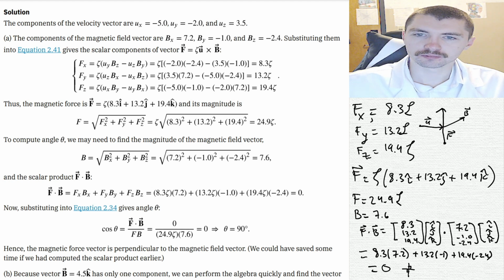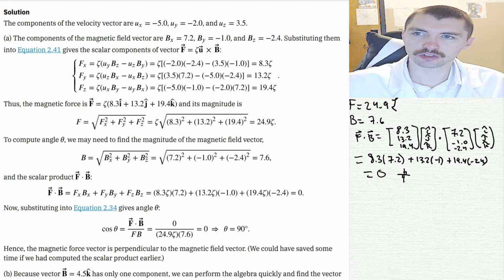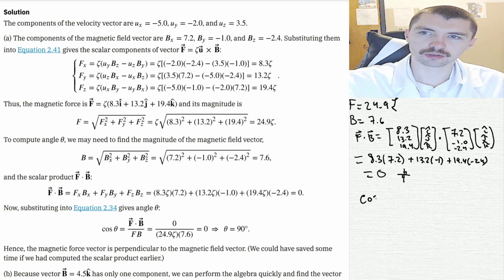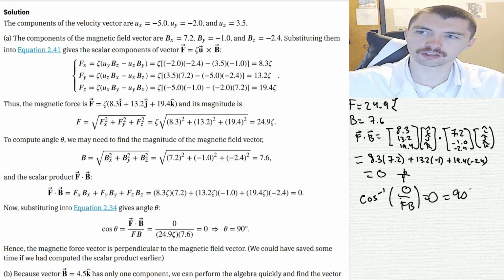Okay, so now that you know the dot product, you can do cosine inverse of 0 over F times B. That's 0, equals 90 degrees.